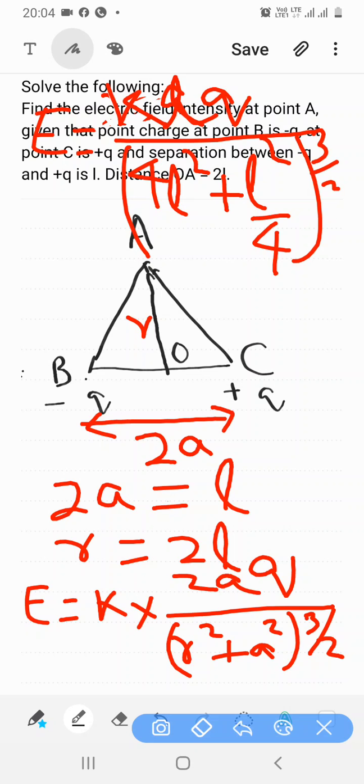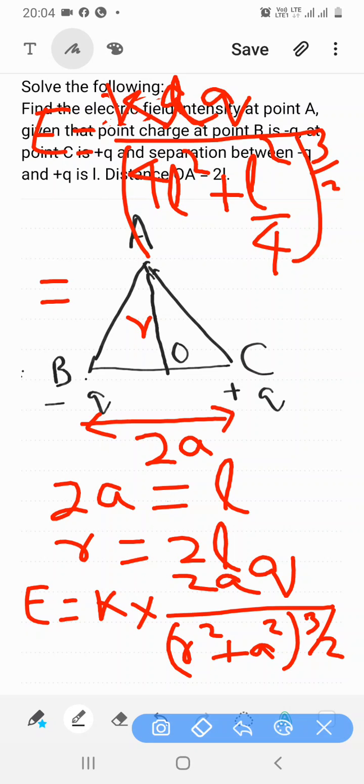Then simplify it and you will get 4 fours are 16 plus 1 is 17 L square by 4 to the power 3 by 2.